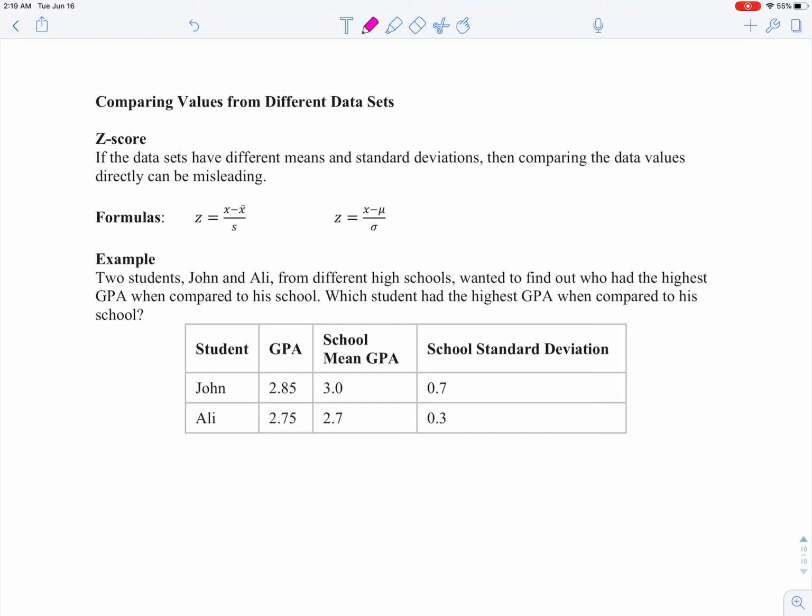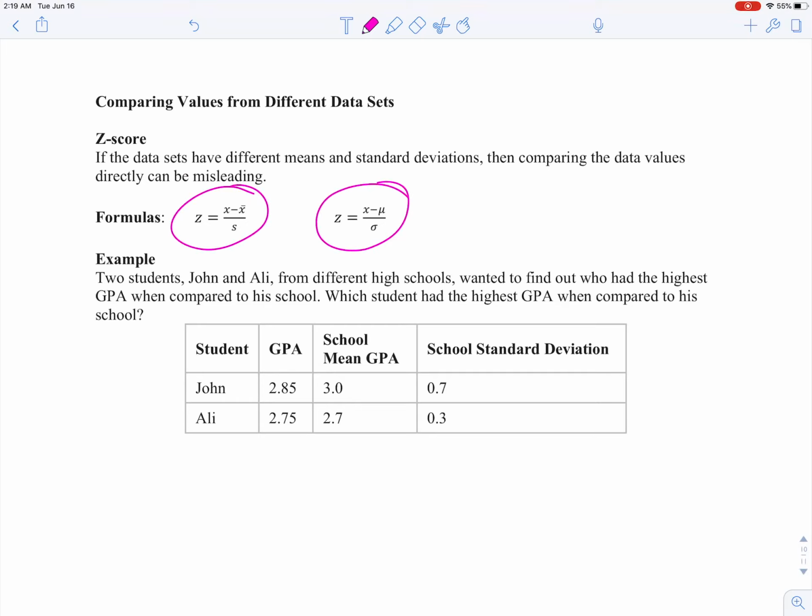It doesn't make sense to compare them. But what if there was a way to convert the apples to pineapples and the oranges to pineapples? If we can convert them to the same mean and standard deviation, the same fruit in this case of pineapples, then we can compare pineapples to pineapples. And that's what this thing called a z-score does for us.